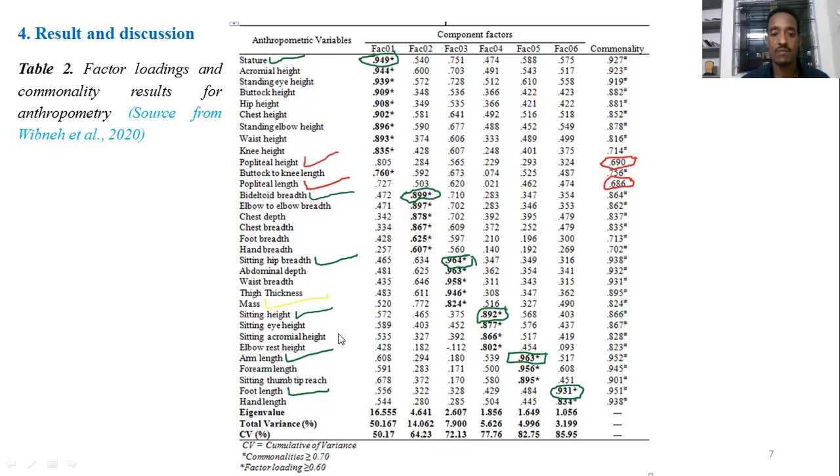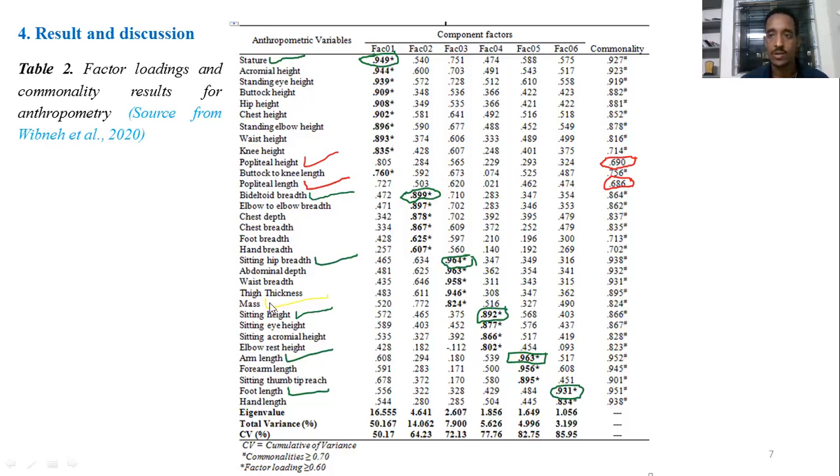So we took 6 predictors from 6 factors, but these may not represent all the 32 variables. If you see pupil height and pupil length, even though they have a higher factor loading coefficient, their communality is less, less than 0.7. So we included them in the minimum data set since they are not represented by their predictor, due to less communality.